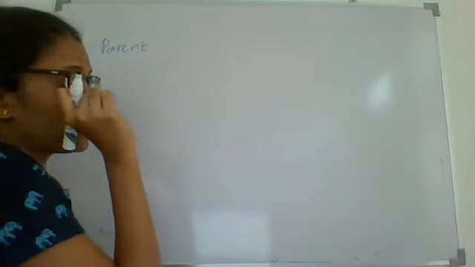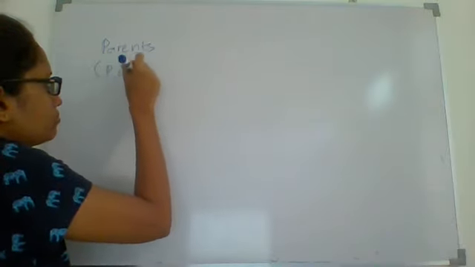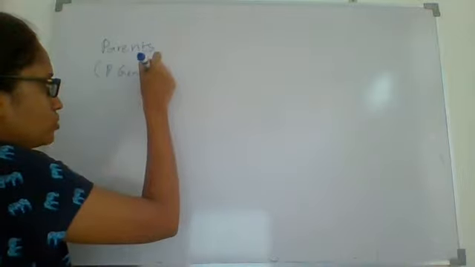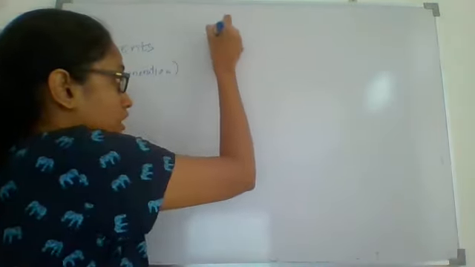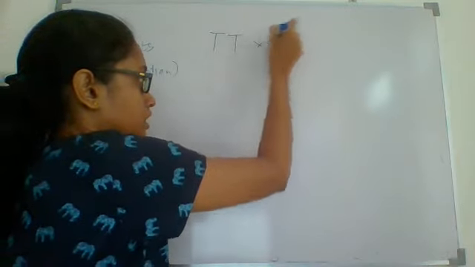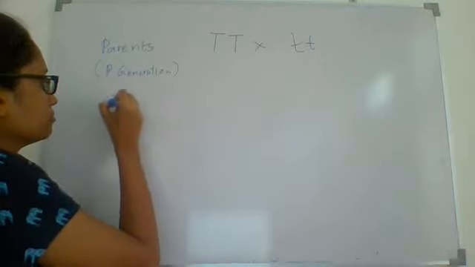Better to write parents generation, right? So you have TT, tt. Then gametes.